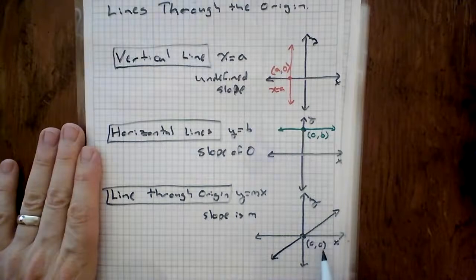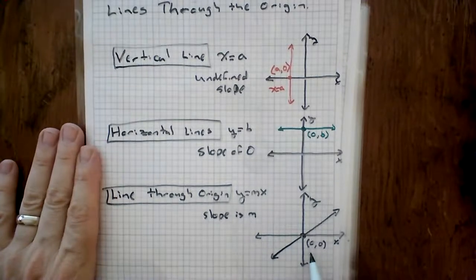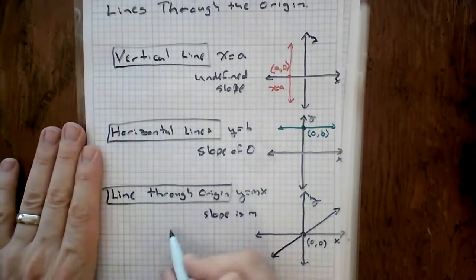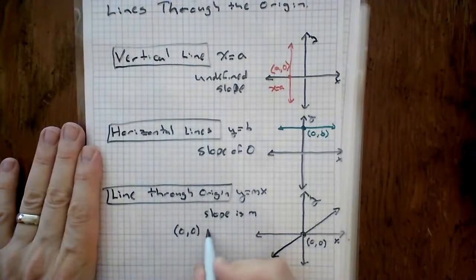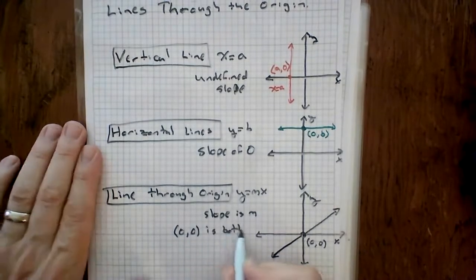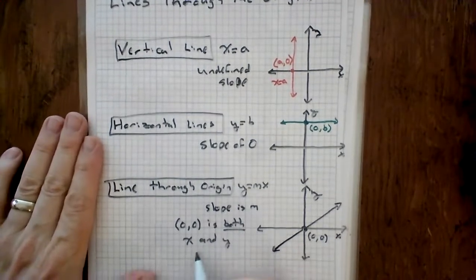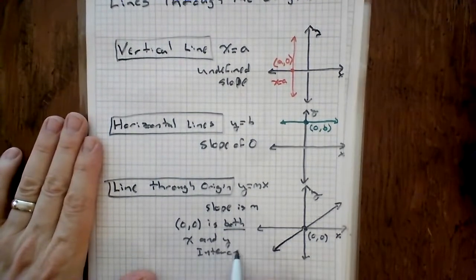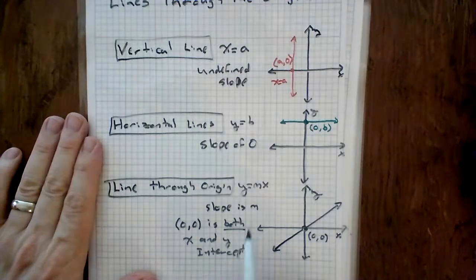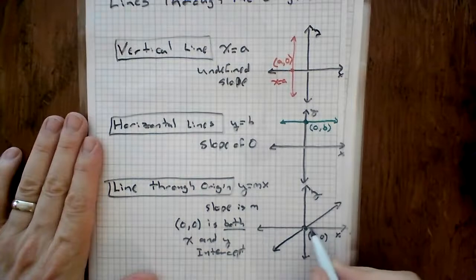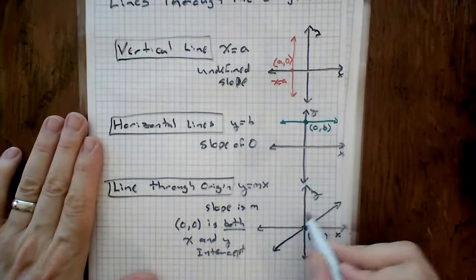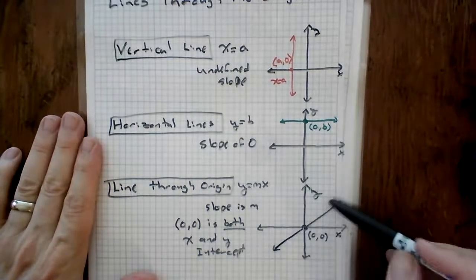Or sorry, for our x-intercepts, the y is equal to 0, which means (0, 0) is both the x and the y-intercept. So this is where it's really important to understand how slope impacts things. So I would have my rise and run to whatever this point to whatever this point is.